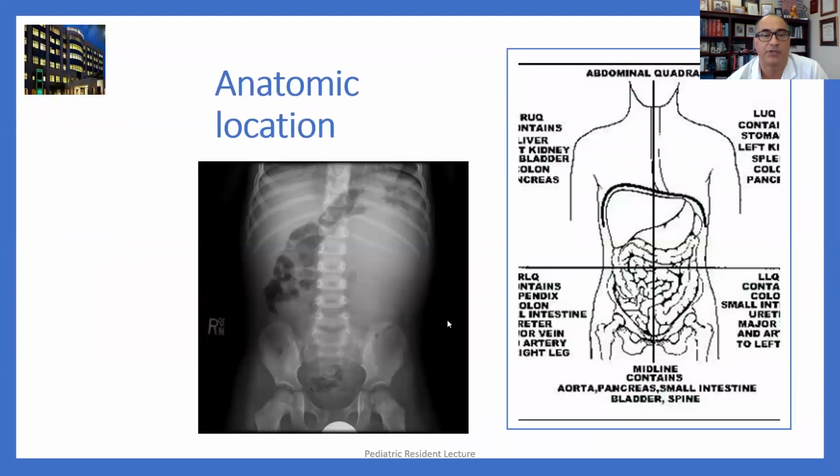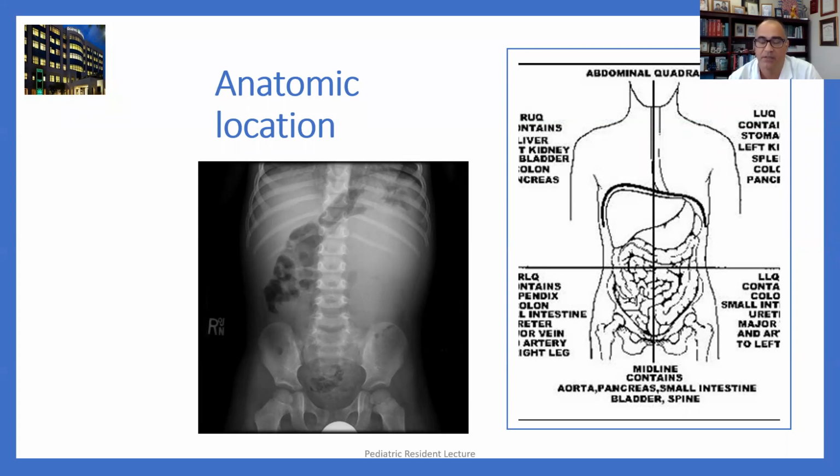So let's start with the anatomic location. Oftentimes, by the time we see the intra-abdominal mass, it's hard to define which quadrant it is located in, because the size is so generous that most likely it involves all four quadrants.